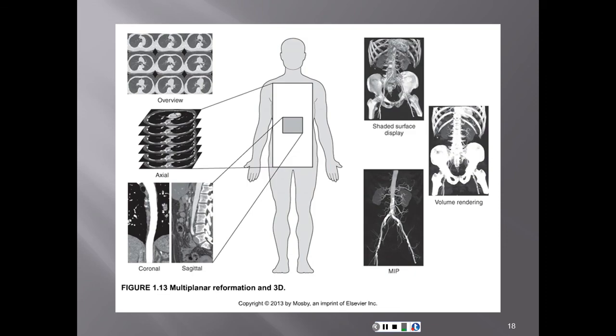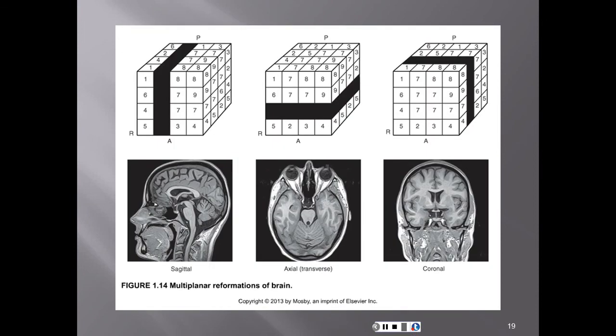So the stacks can be combined to demonstrate a volume, or like a volume set, like a cube of anatomy. And computer enhancements can identify the anatomy of interest. And for the different planes that we were discussing earlier, the sagittal, axial, and coronal, how we depict it, this is how the computer sees it.